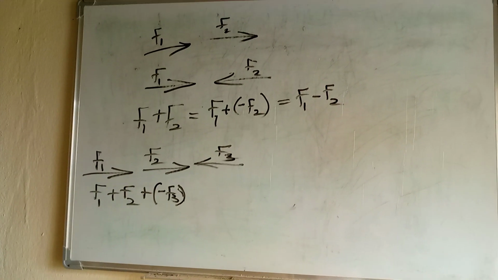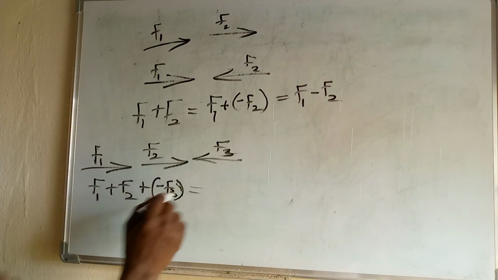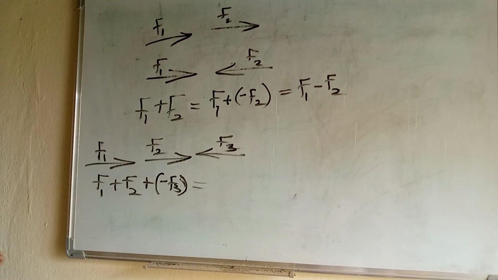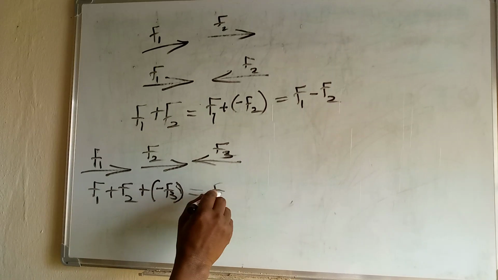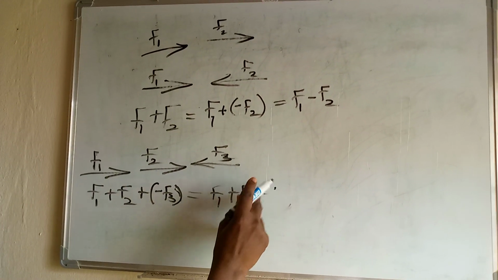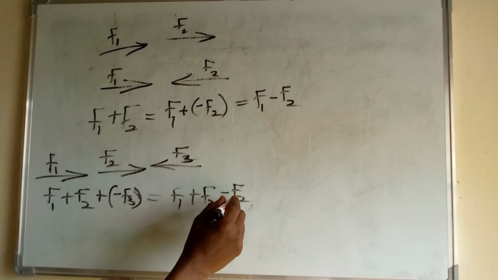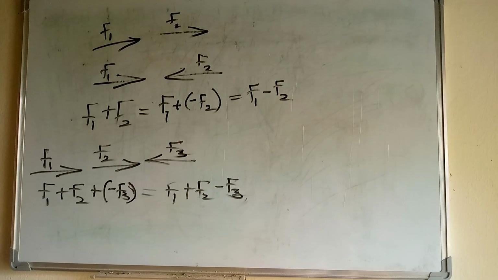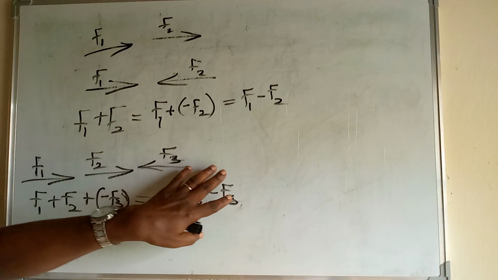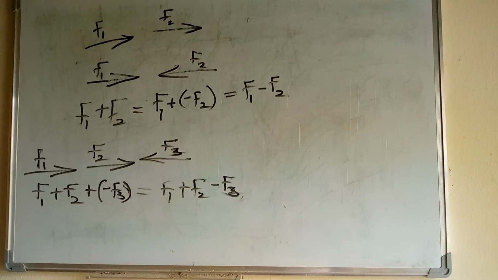It's against the direction of force 1 and force 2. That gives the total effect of these forces to be F1 plus F2 minus F3. This is the addition of forces, because a force is a vector.